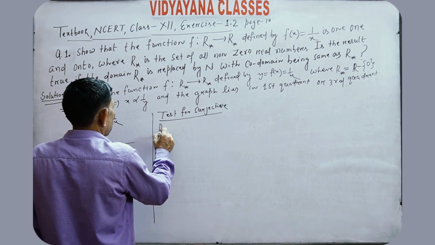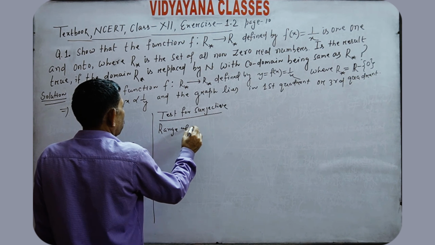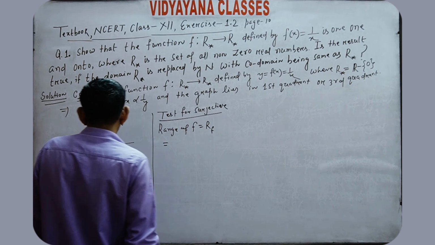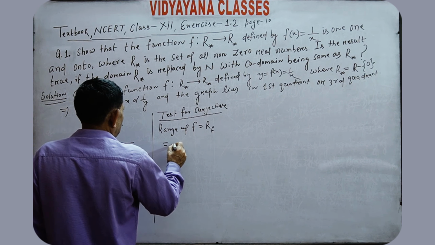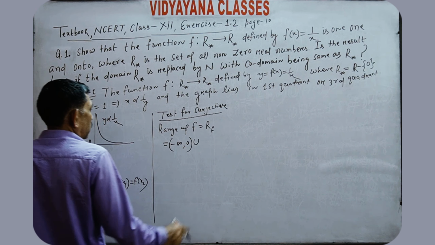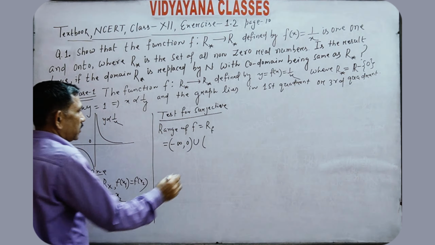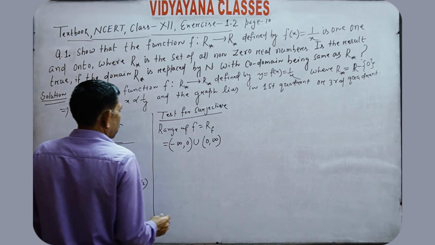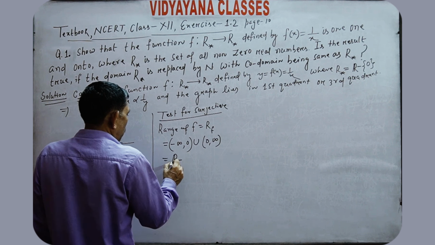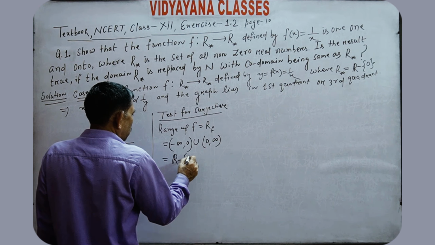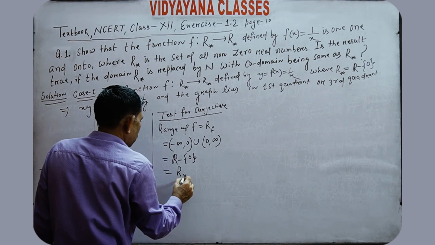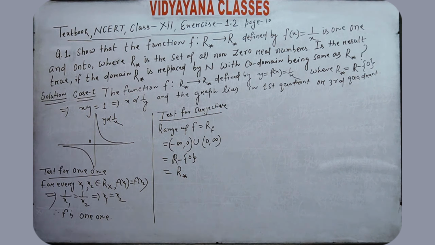Range of f, R_f, is minus infinity to 0 union 0 to infinity, which is equal to R minus {0}, the set of real numbers minus the set {0}, which is the same as R star. Range of f is equal to R star.